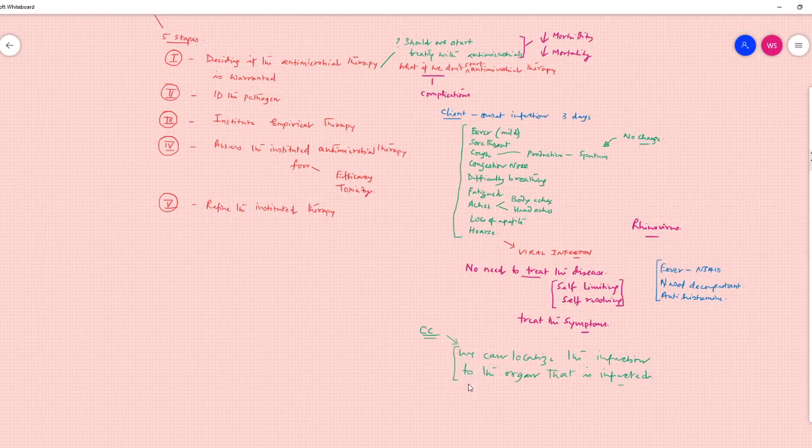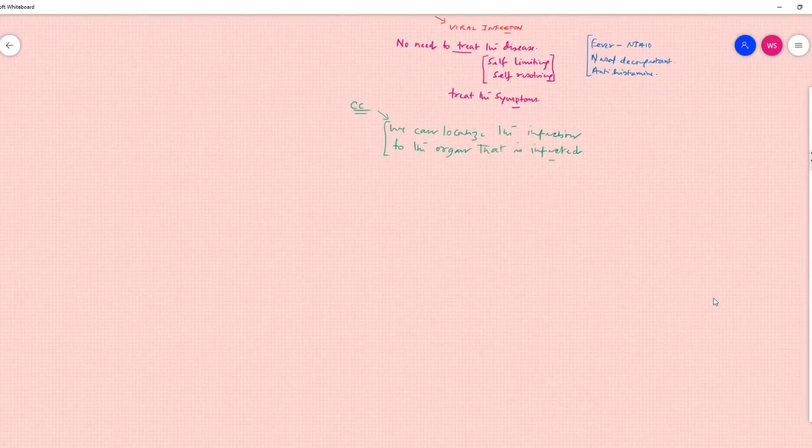So if the patient says, I've got difficulty in urination, then we know it might be a urinary tract infection, and that gives us a clue. If it's a urinary tract infection, maybe it's a gram-negative organism.